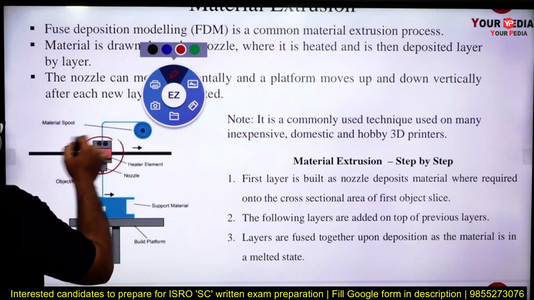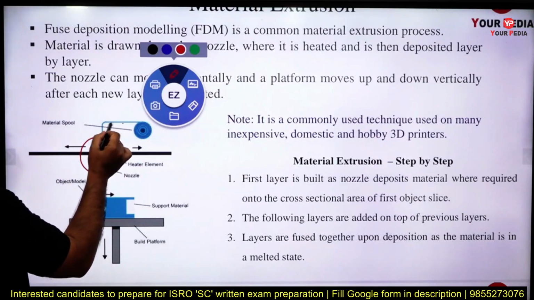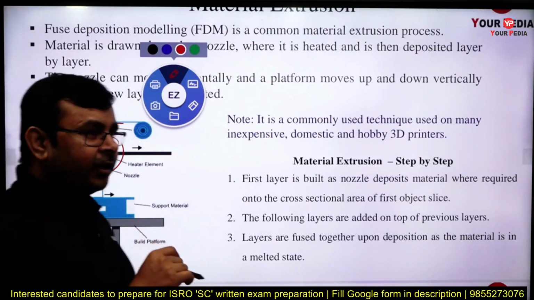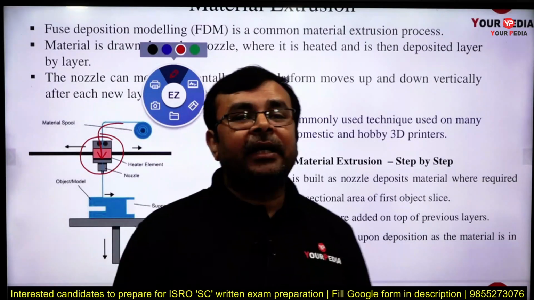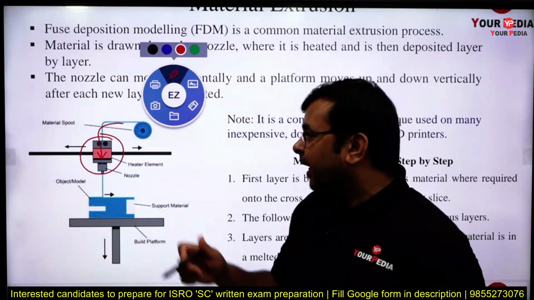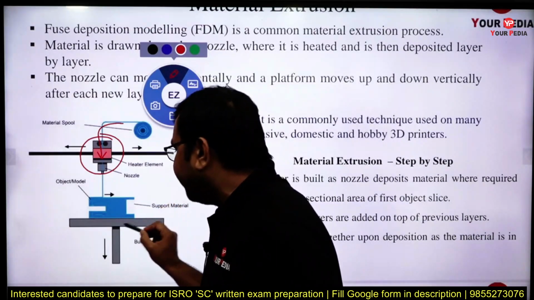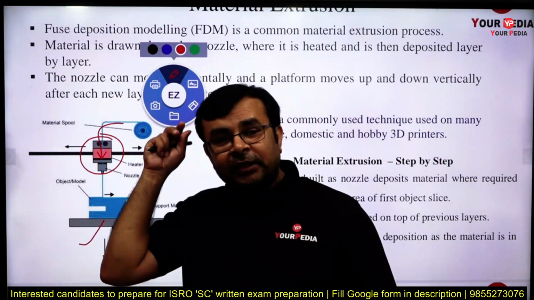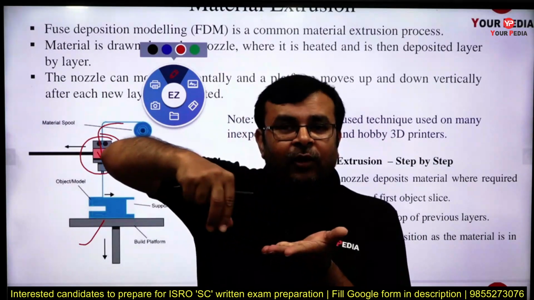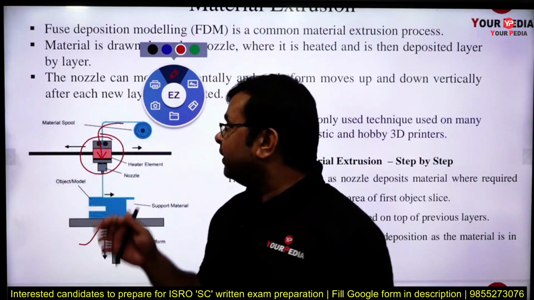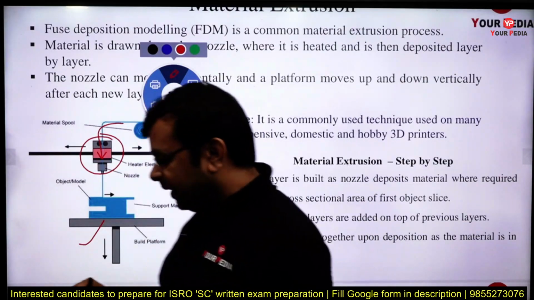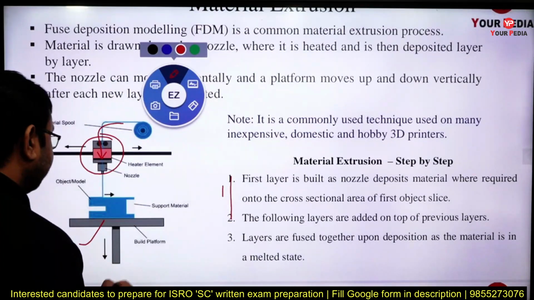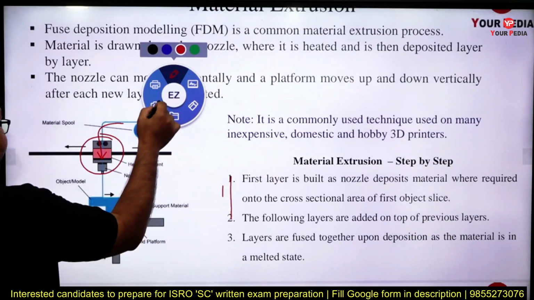You can see here this is a heating nozzle. So when you pass this material, because of this heating, when it contacts the heating nozzle, it gets melted, yes or no, and that melted material is deposited over the build platform, yes or no. You just melt the material and deposit according to the requirement, yes or no. So this is called the FDM process, that is fused deposition modeling, is it clear?